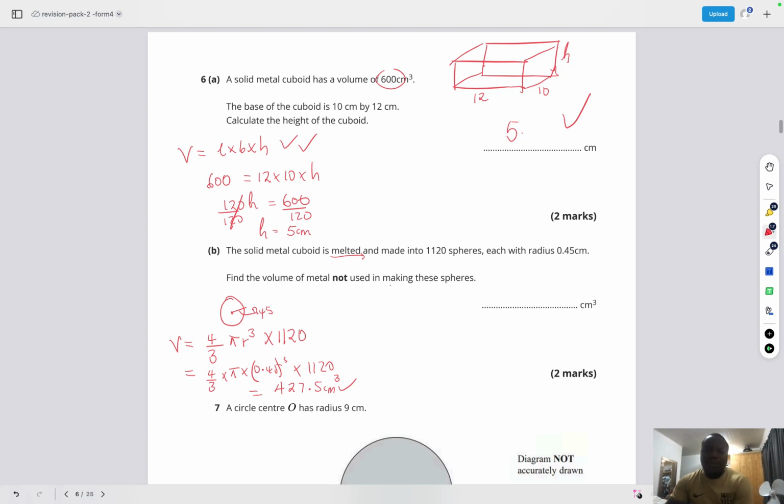Since they want us to find what is left of that 600, we are now just going to do 600 minus 427.5. If we do our math, you will find that what would be left is 172.5 cubic centimeters of the 600. So the answer is 172.5 cubic centimeters.